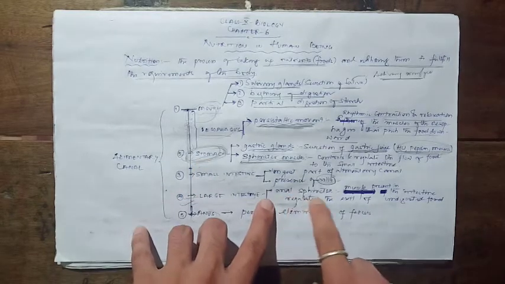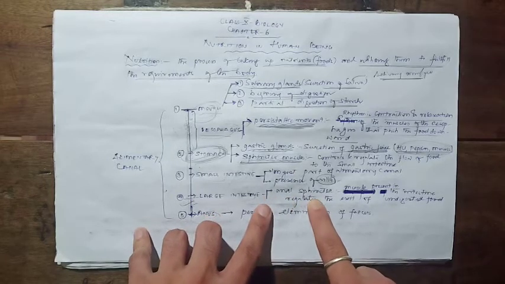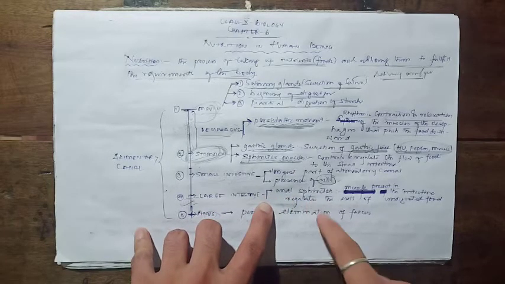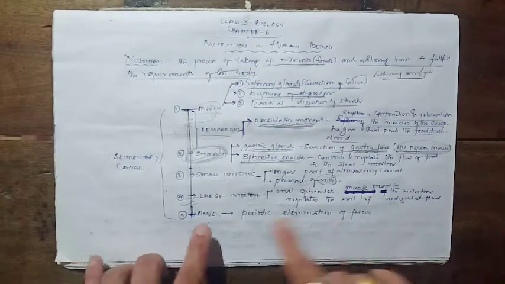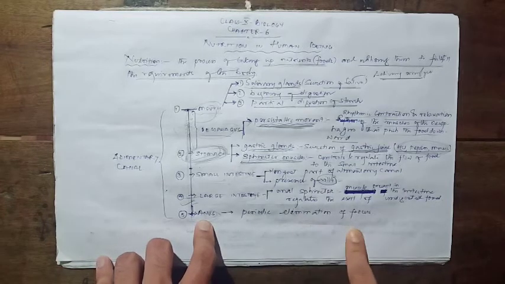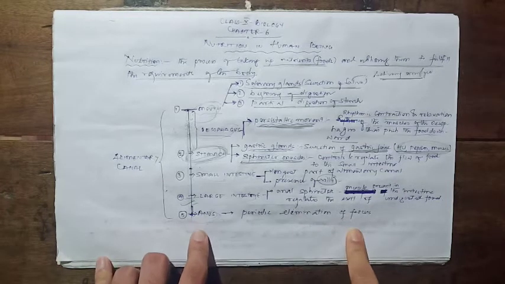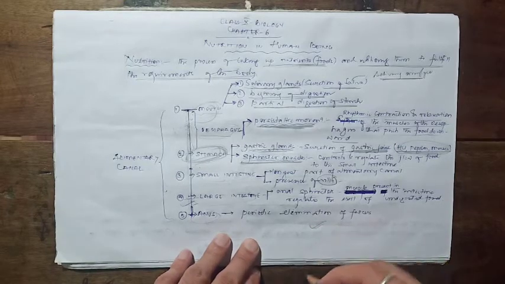We have another kind of sphincter muscle, the anal sphincter, which controls the elimination of the undigested food through the anus. Through the anus, periodic elimination of feces takes place. So student, that's all about the human digestive system, or we can say nutrition in human beings.